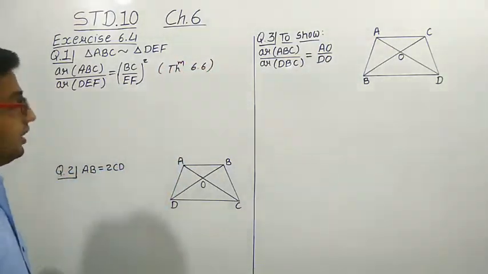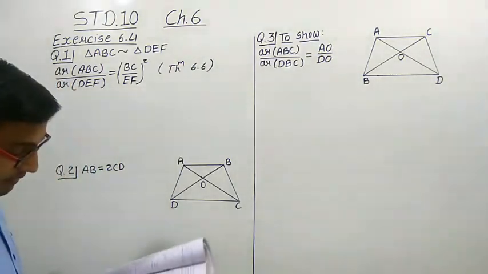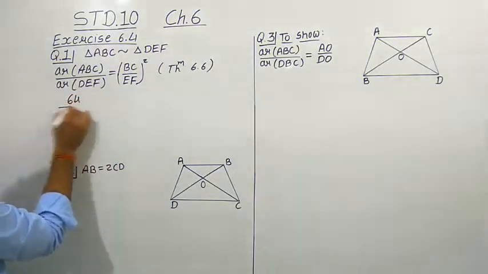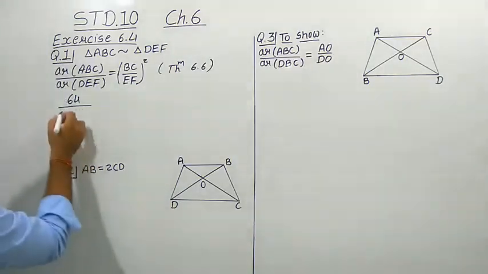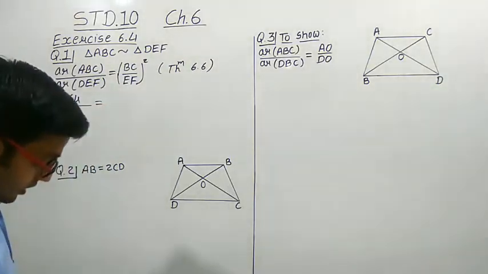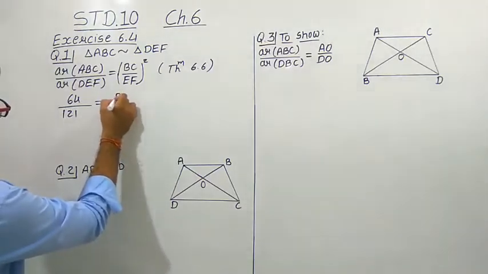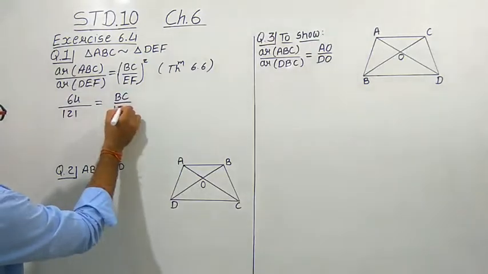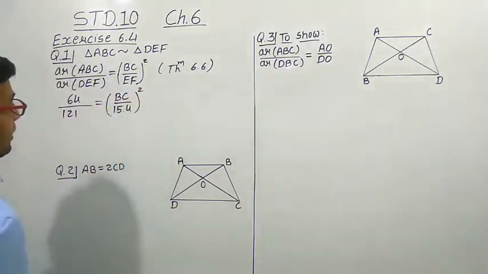Now here we are given the area of triangle ABC, that is 64 centimeter square. In the same way, the area of DEF is 121 centimeter square. One more thing we are given is EF, and we have to find BC, so EF is 15.4, and this is the square.